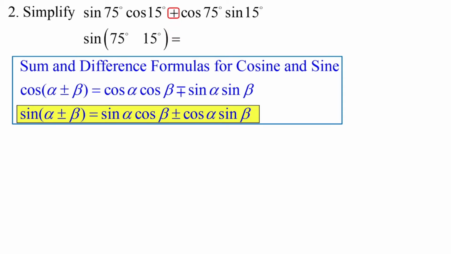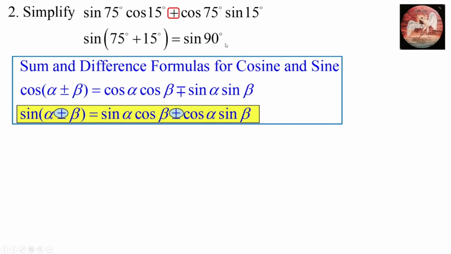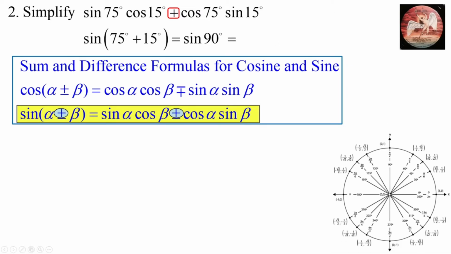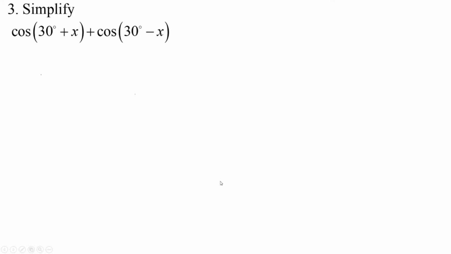So with that plus, if I go down here, the sine remains the same, so a plus here means a plus between my angles. So that's just sine of 90, and sine of 90, of course, is 1. If you need to visualize it, here's your 90-degree angle, and this vertical distance is exactly 1 unit on the unit circle. So there's number 2.